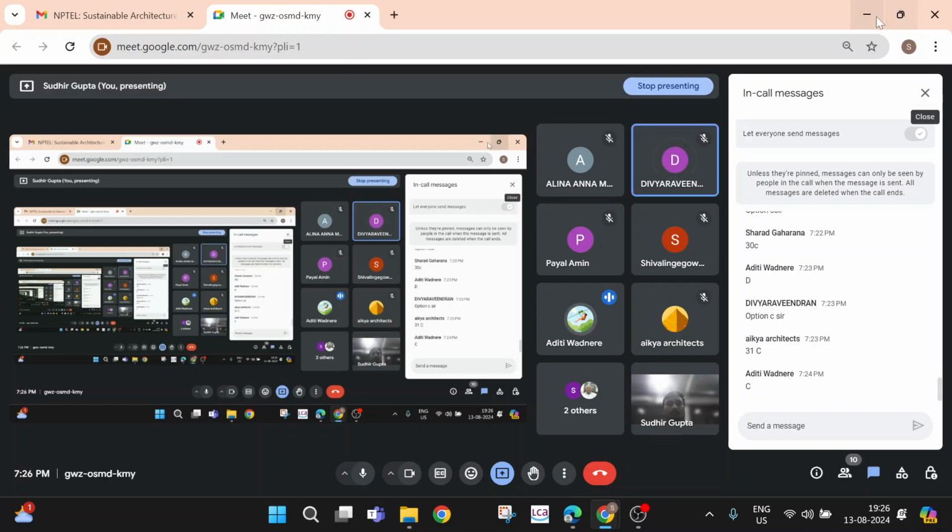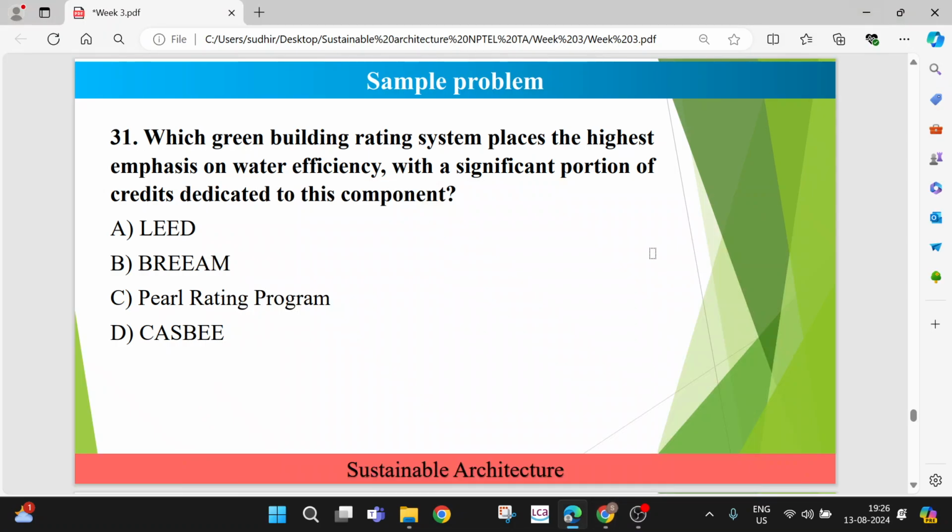This Pearl rating program is used in Dubai and Abu Dhabi, and places a very high emphasis on water efficiency. Which category is given more emphasis is highly dependent upon the region, the local climate conditions, as well as the government policies and environmental concerns.